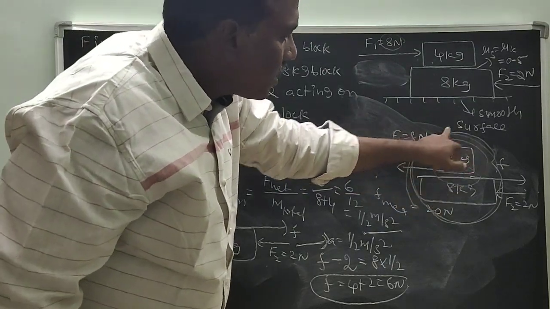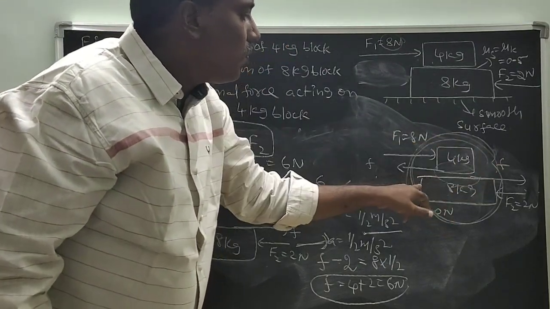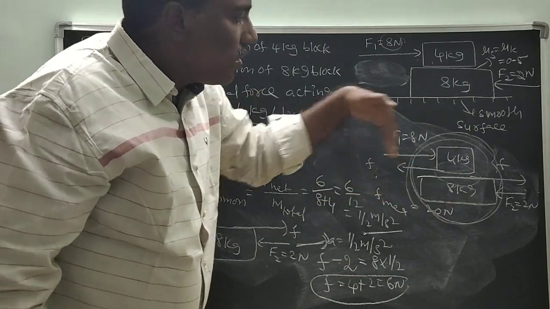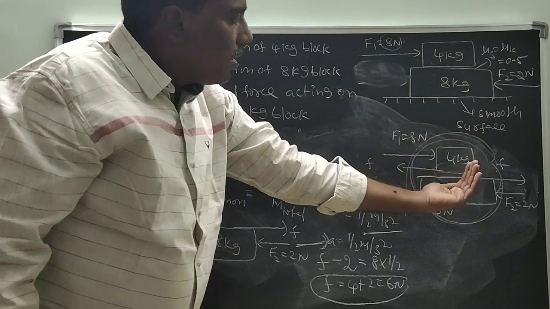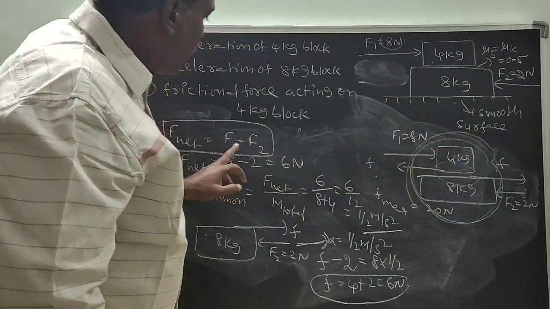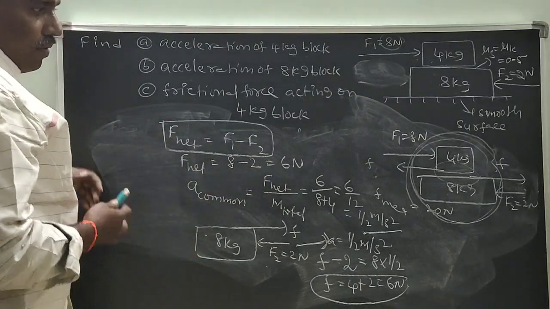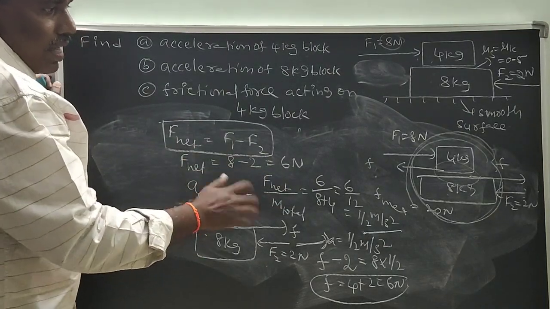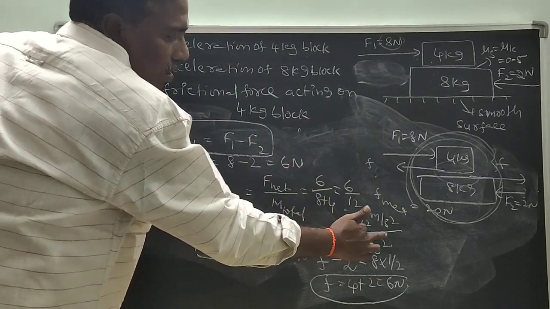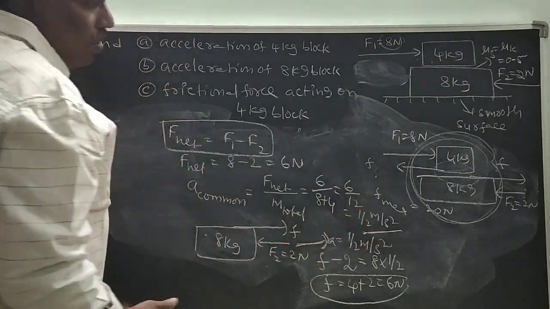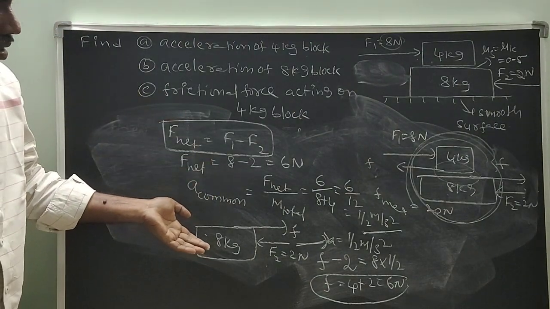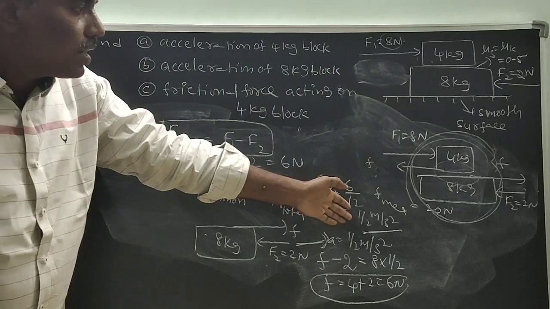If two blocks are considered as a system, the net frictional force acting on the system is 0. 8 Newton is acting towards right, 2 Newton towards left. So the resultant force is 6 Newton. For this resultant force, the acceleration produced in the system is 6 by 12, that is half meter per second square.